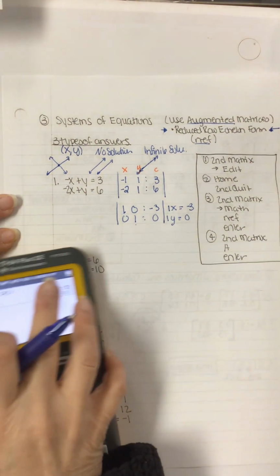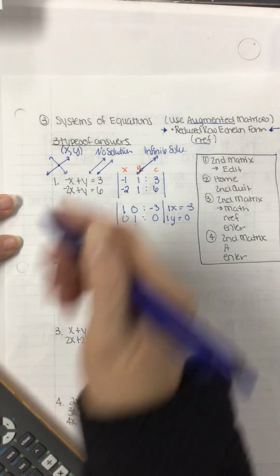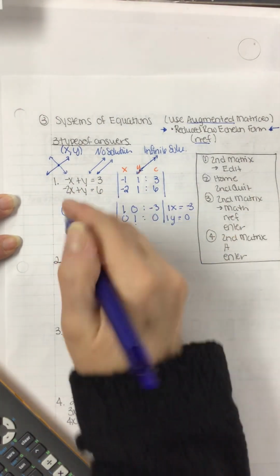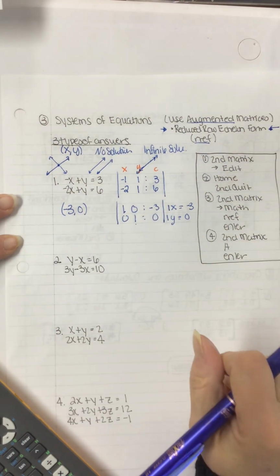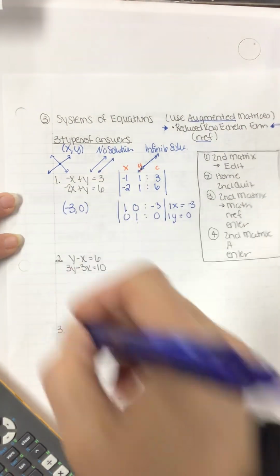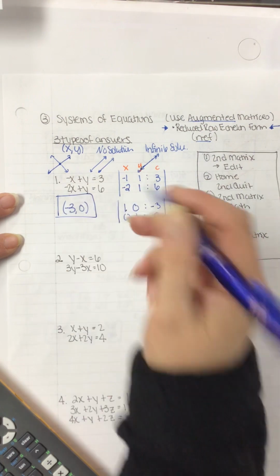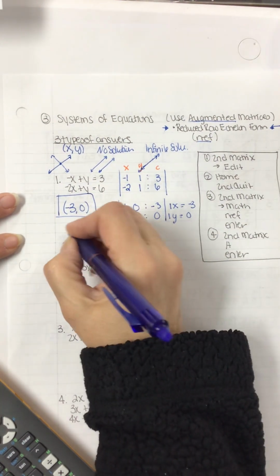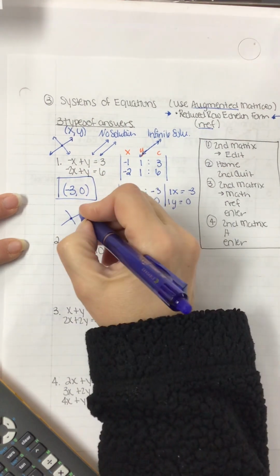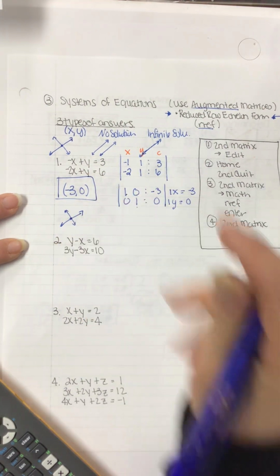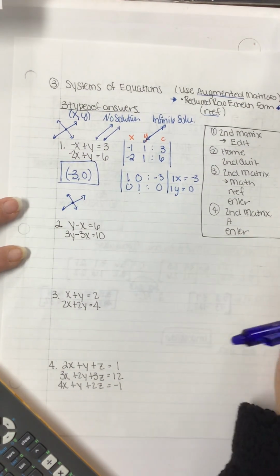Do you agree with that? So that means our solution is an xy point, -3, 0. And that's your solution. Now what that means is these two lines crossed at that point, yes? If you were to have graphed those two lines, they would have crossed at the point -3, 0. Questions there?